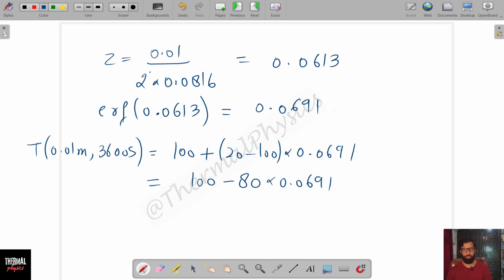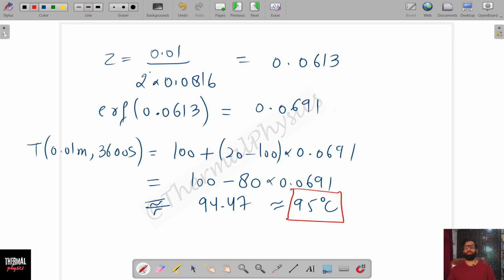When we calculate this, we have 100 minus 80 times 0.0691. We have 94.47, which is approximately 95 degrees Celsius. So this is the analytical value that we got.